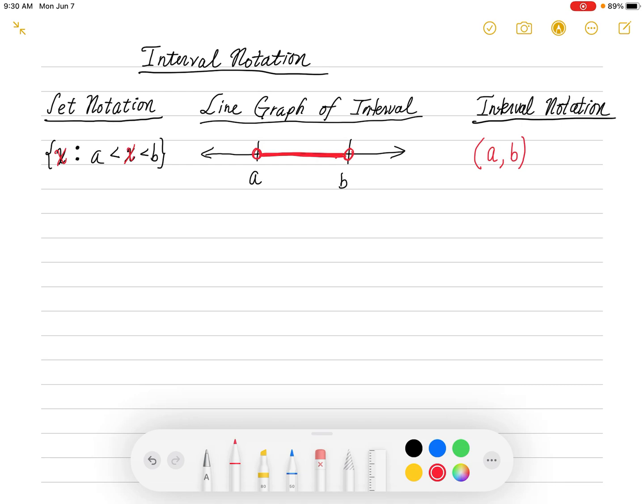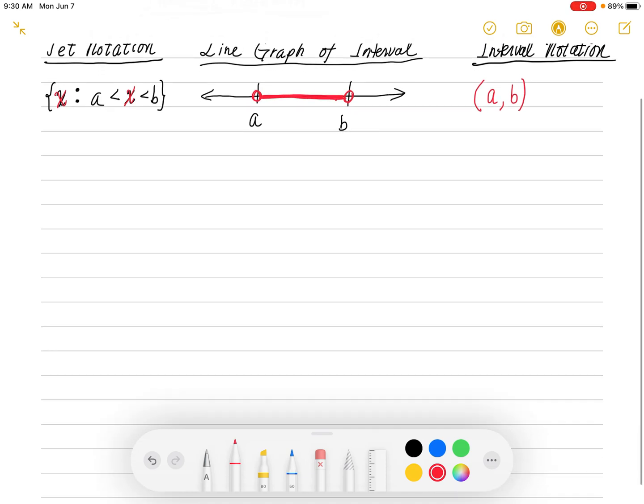So a parenthesis means you're not actually including a. It means you go all the way up to a, but you don't include it. And then the parenthesis on the right side of b indicates you basically have a circle there at b. You don't actually include b. So you go all the way up to b, but you don't include it. So parentheses are indicative of not actually including the end values. You approach them, but you don't actually include them.